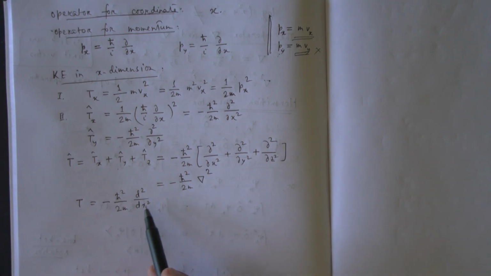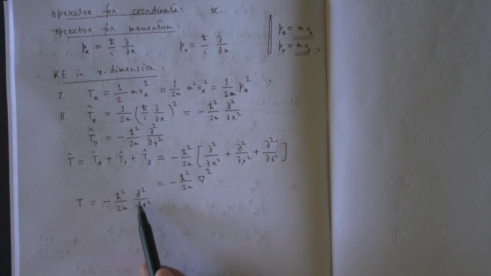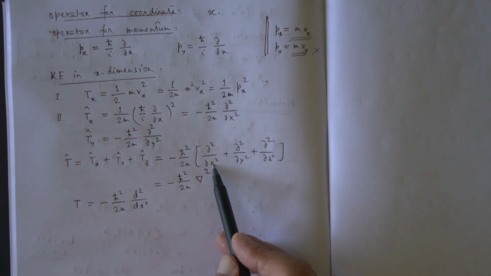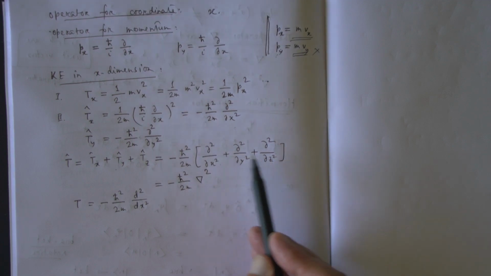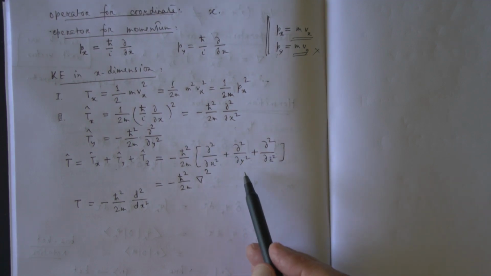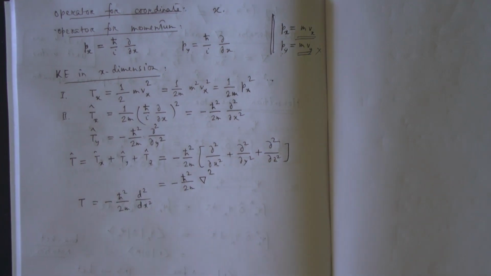If there is only one variable, we write simple differentiation, but if there is more than one variable, we write partial differentiation. So this is the operator for kinetic energy.